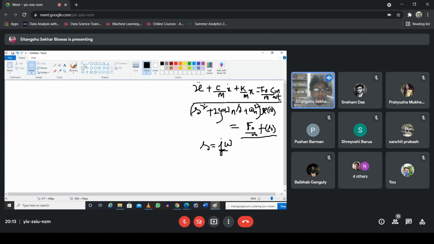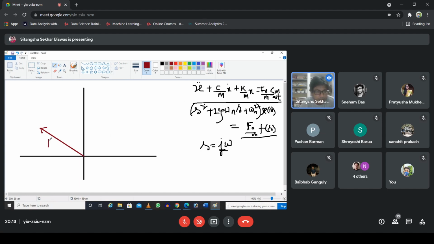We will first make the axes: say this is my real axis and this is my imaginary axis. Now let us consider this is the force, the excitation.